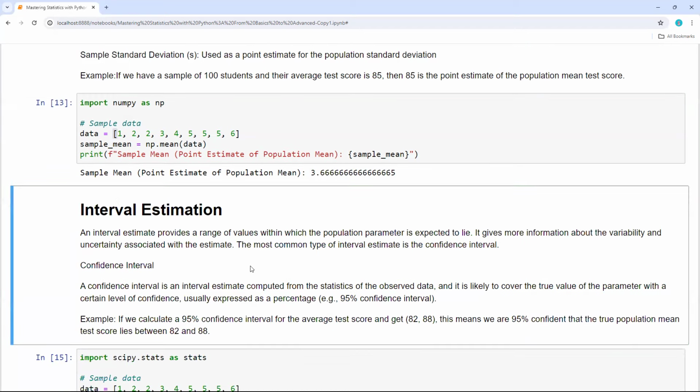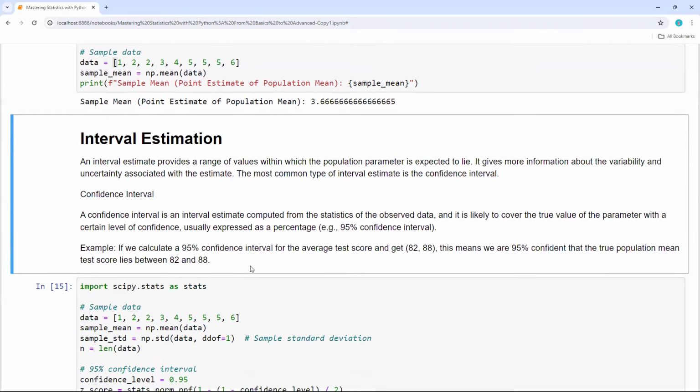And the next thing is interval estimation. An interval estimate provides a range of values within which the population parameter is expected to lie, from here to there, something like that. It gives more information about the variability and uncertainty associated with the estimate.